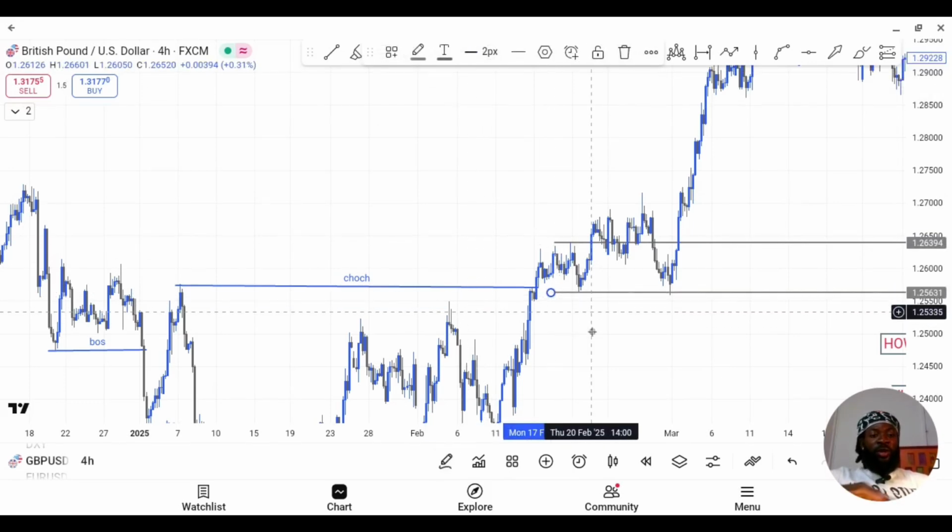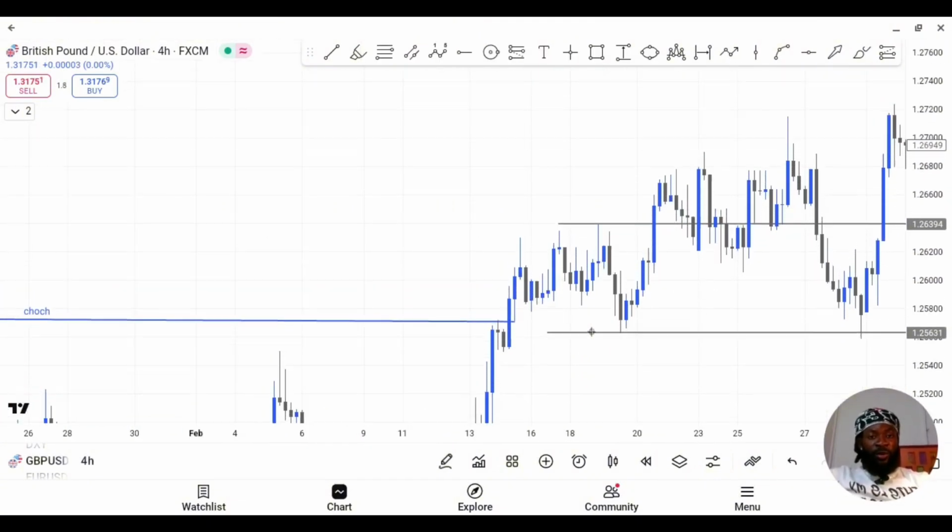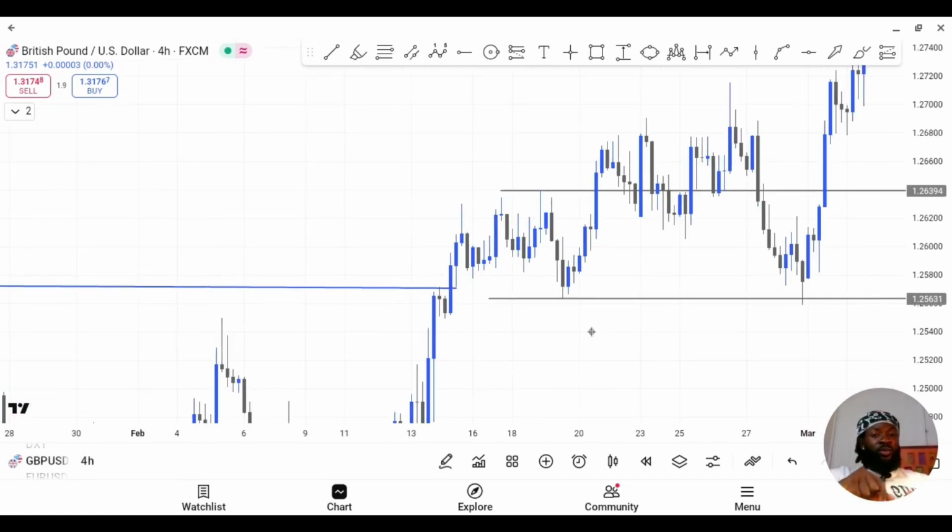Now let me explain something to you here. What makes a pullback is three candles closing above each other or below each other. If it's an uptrend, three candles closing below each other is a confirmed pullback. Whereas if the market is in a downtrend, three candles closing above each other is a confirmed pullback. Now what do I mean?